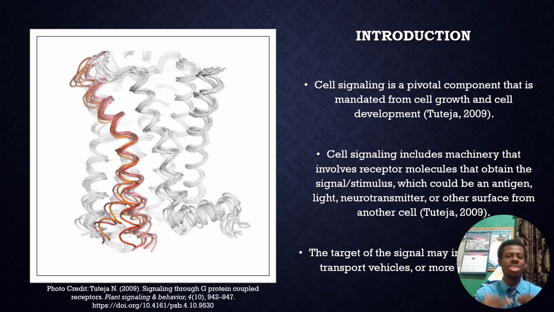Cell signaling is so important, and it involves machinery which involves certain molecules. In other words, we have receptor molecules, and they perceive signals such as light, possibly an antigen, possibly a neurotransmitter, the surface of another cell, hormones, and more. Sometimes there is what we know as a target.